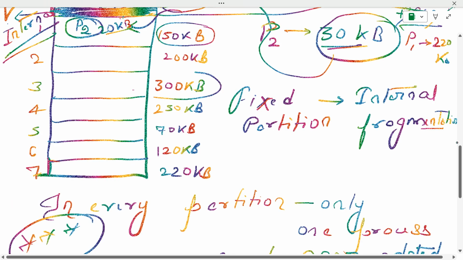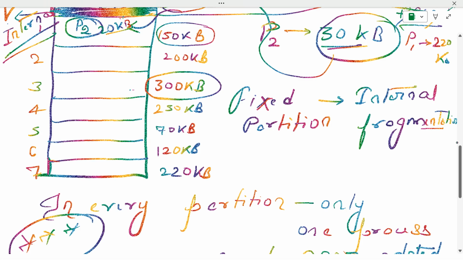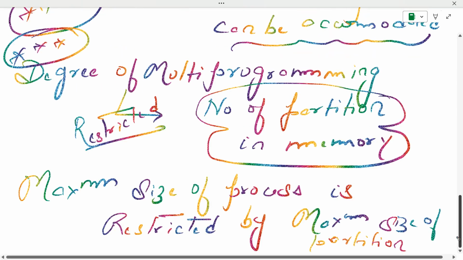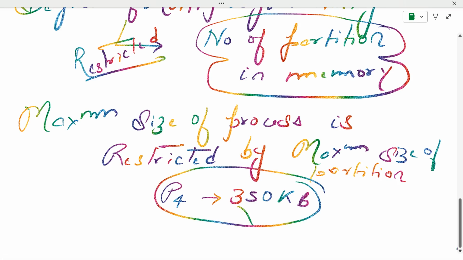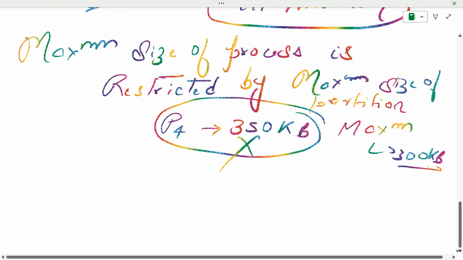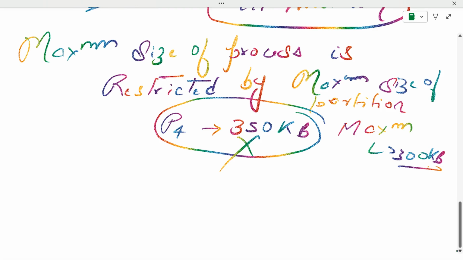It is 300, right? So the maximum size of process that can be accommodated here is 300 kb only, not more than that. So let's say a process P4 needs 350 kb of space, we cannot accommodate this process, because we have the maximum partition size as 300 kb. So this is one problem. And we can't use the unused space, that is the internal fragmentation.